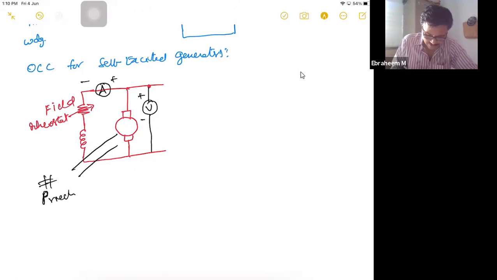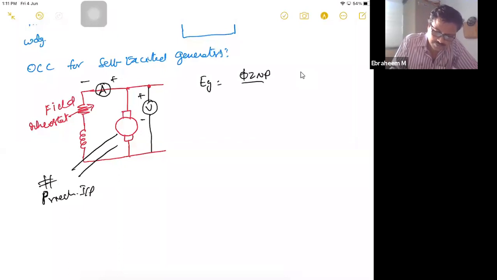Mechanical power input is given, so that means this armature is rotated by means of an external motor or an engine or something else. For this, we have the equation Eg is equal to phi ZNP by 60A.